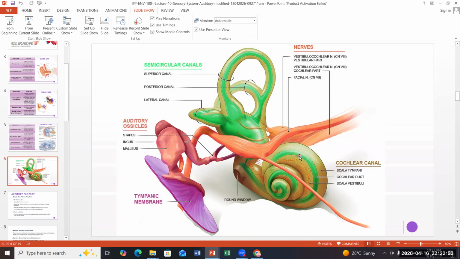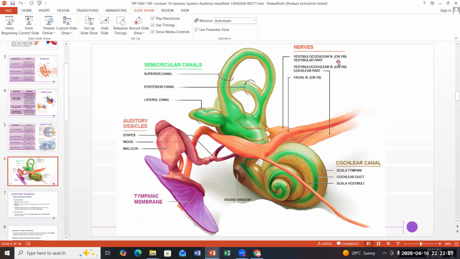Our syllabus included two sense organs. One was the eye, the other was the ear. Just as the human eye is connected to the optic nerve, in the same way the human ear is connected to the vestibulocochlear nerve. It is written CN8.